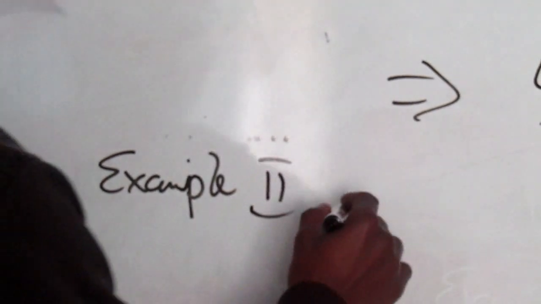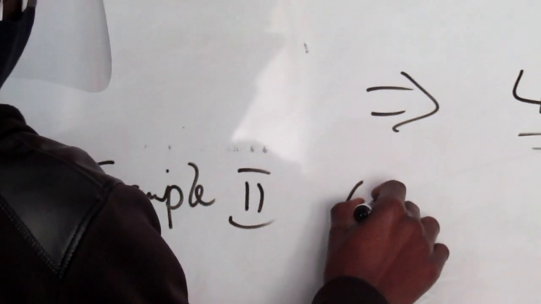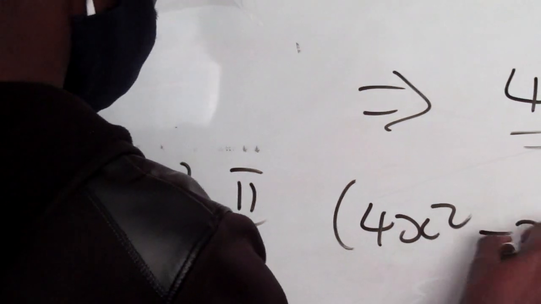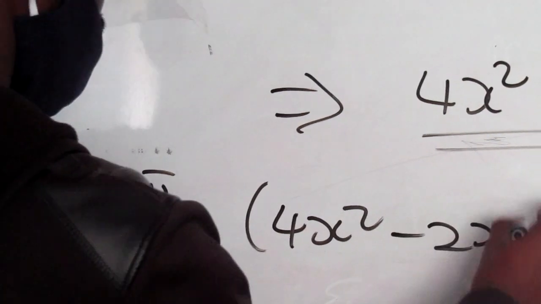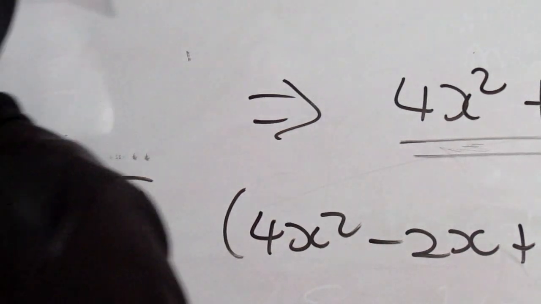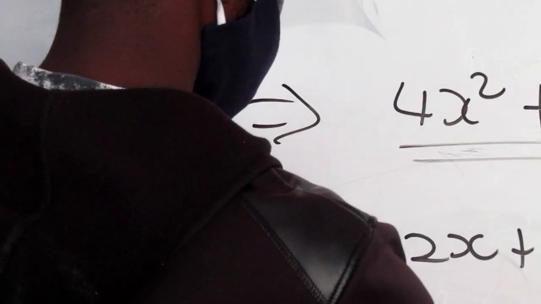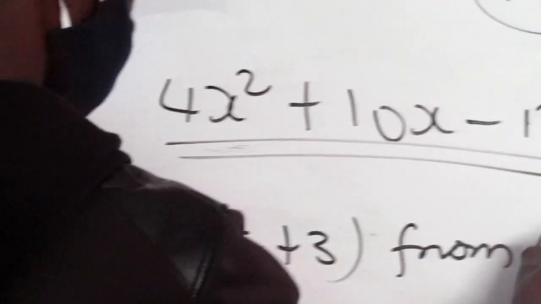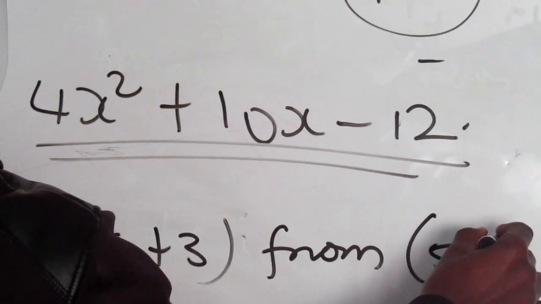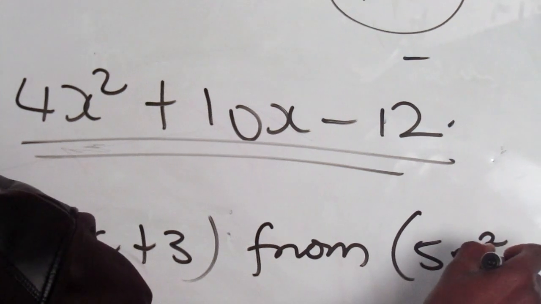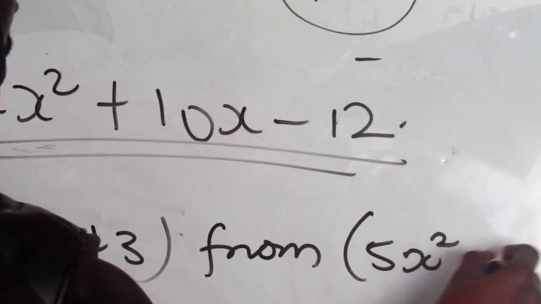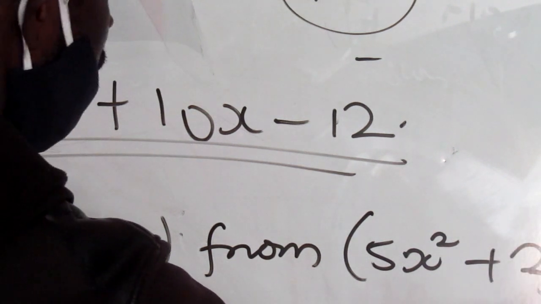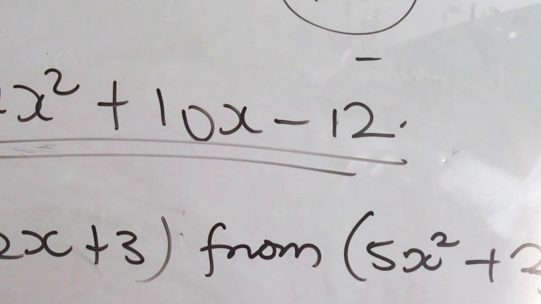We have 4x squared minus 2x plus 3 is subtracted from 5x squared plus 3x minus 6.